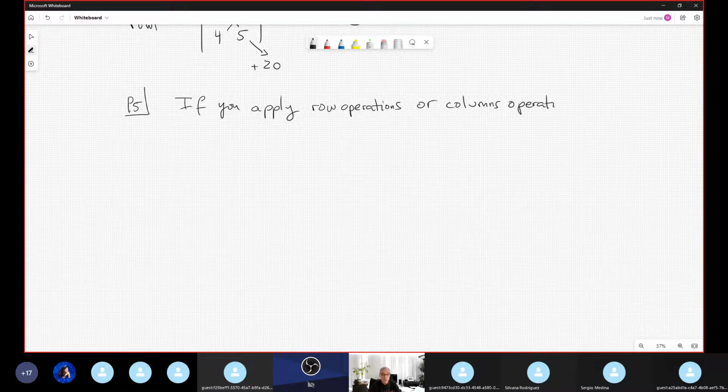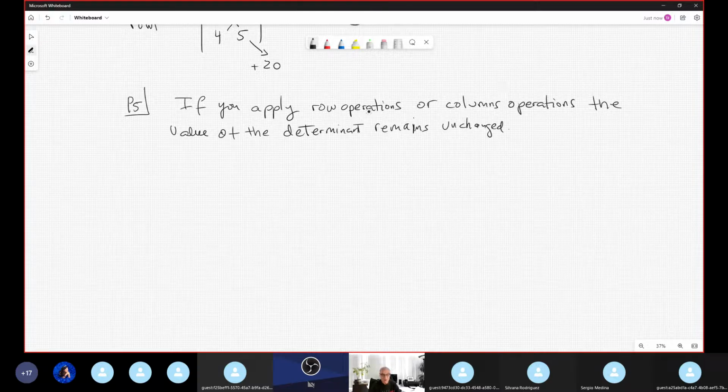This is the only difference between determinants. It's possible to do it in column and row. The value of the determinant remains unchanged.